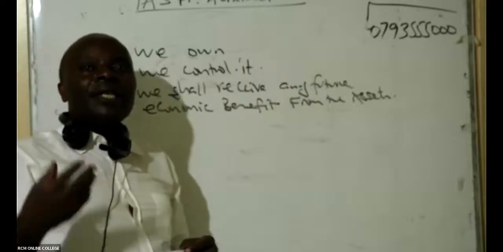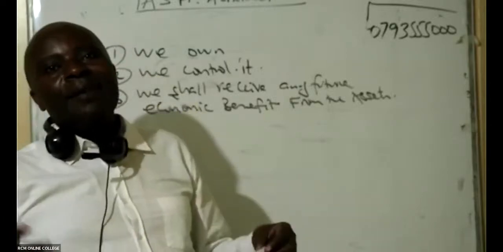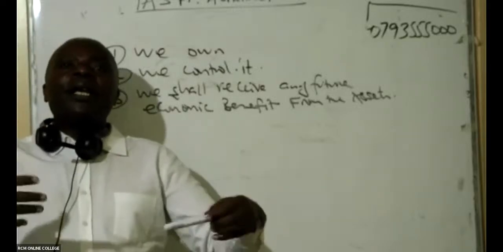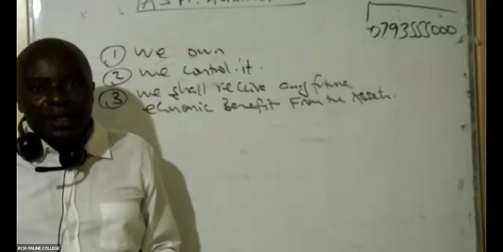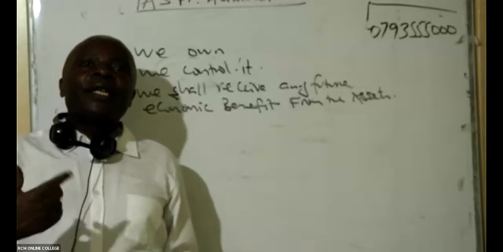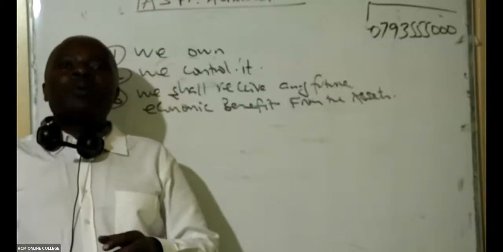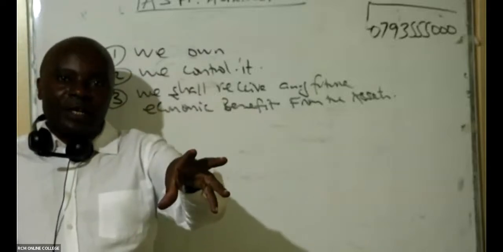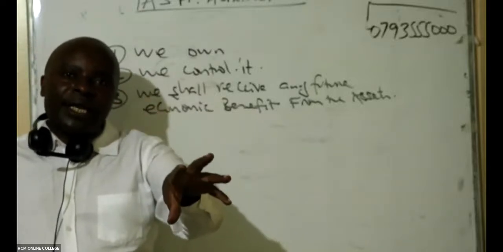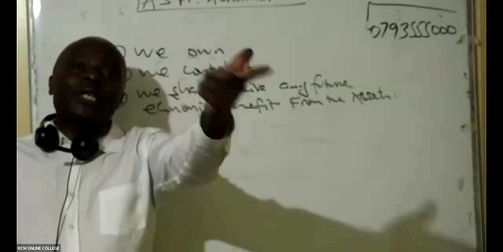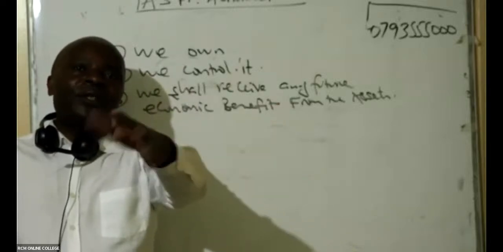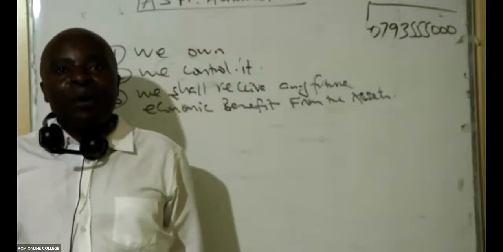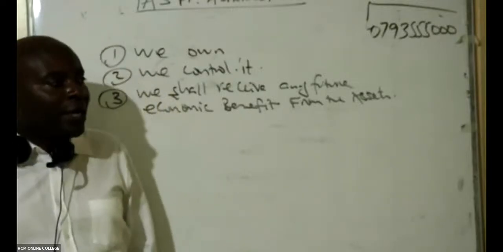If this is an asset that you're not getting any benefit out of, then it does not even qualify to be called an asset. An asset is any resource that we expect to receive some benefit from in the future. If I own this asset and it is someone else who is receiving that benefit, then that is not my asset. Assets should be able to put money in my pocket.